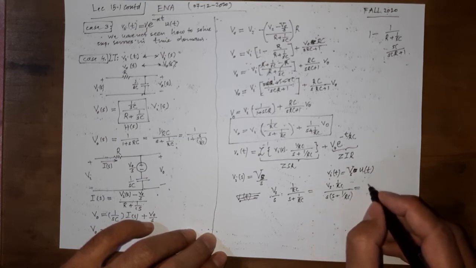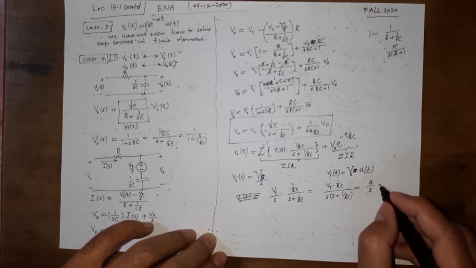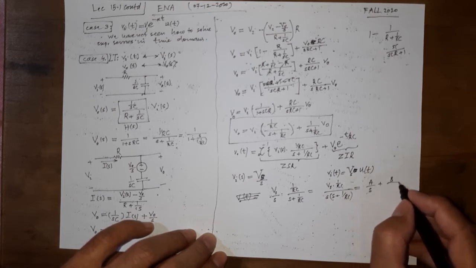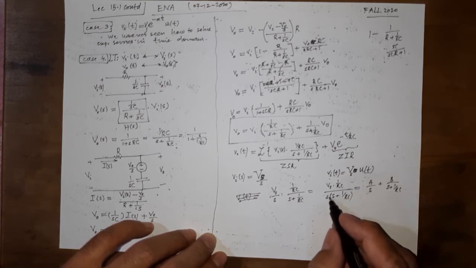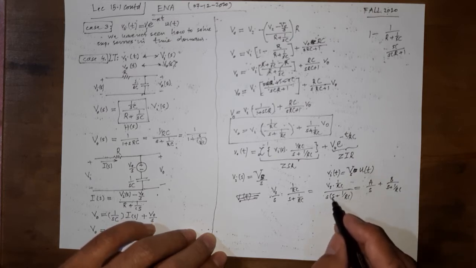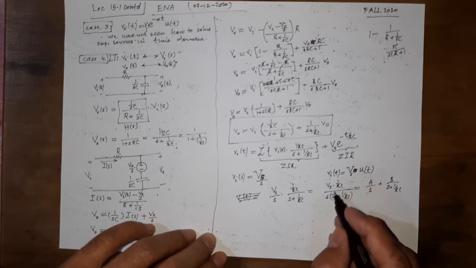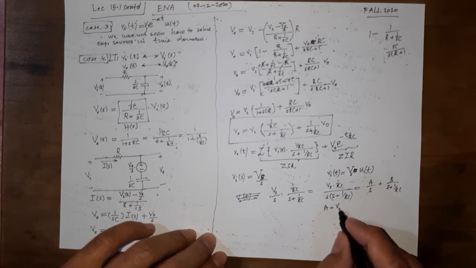So using partial fractions, we can write this equal to A over S plus B over S plus 1 over RC. Now if we multiply throughout by S and then put S equal to 0, this 1 over RC cancels, 1 over RC cancels, Vs. So we get A equal to Vs.